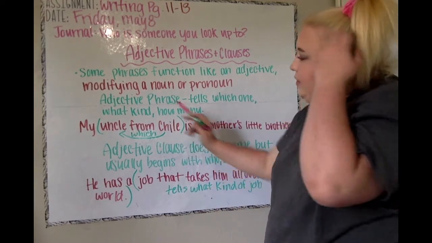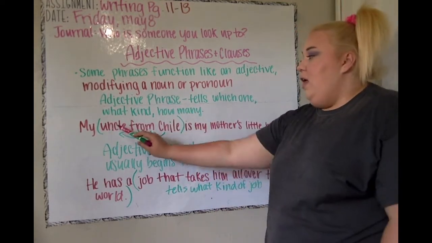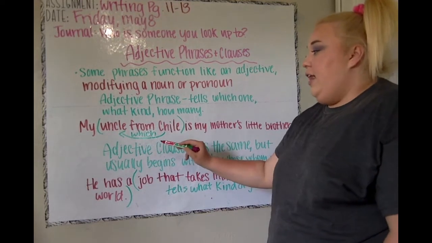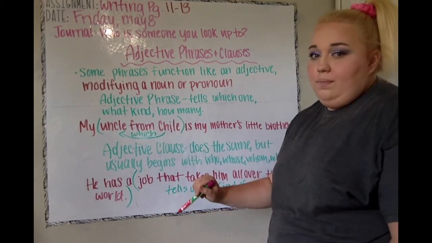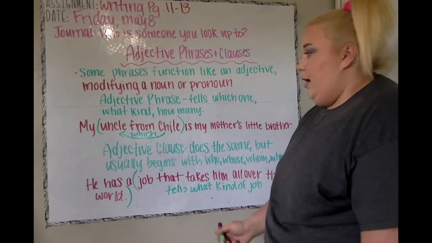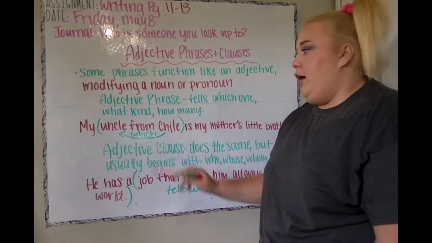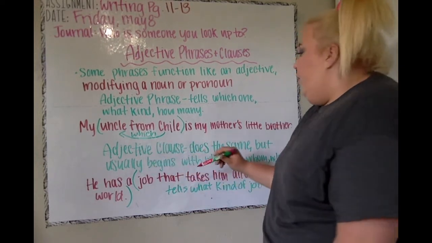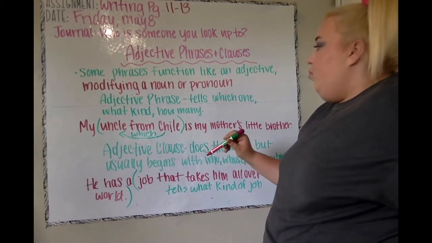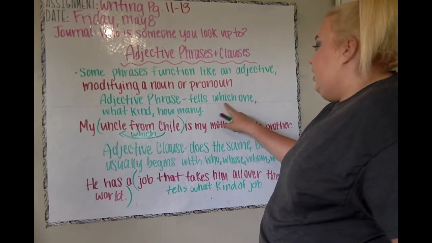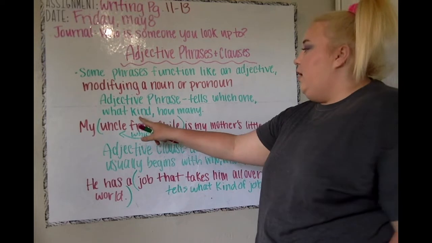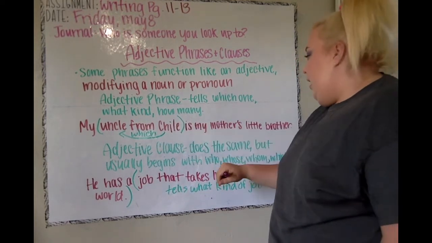Now how we know it's an adjective phrase is that uncle from Chile, the Chile answers which uncle. So out of all your uncles, which one are you talking about? The one from Chile. It's telling us which one in this case, but it could also tell us what kind or how many.